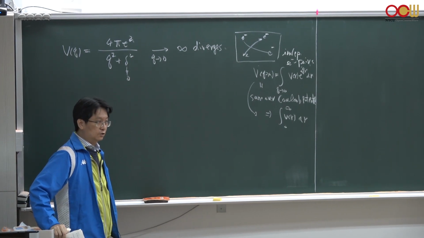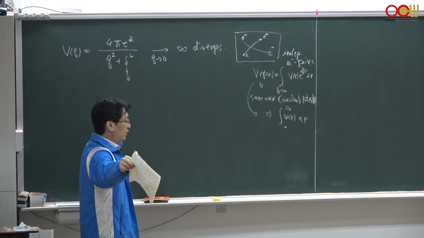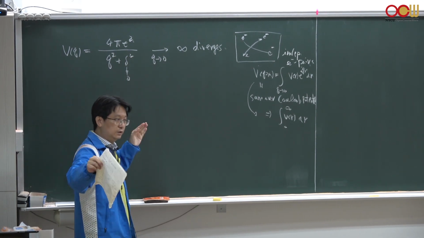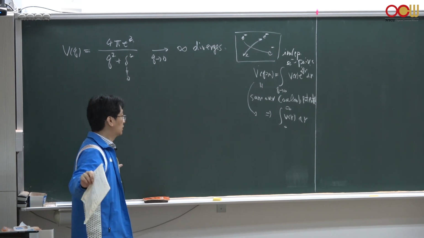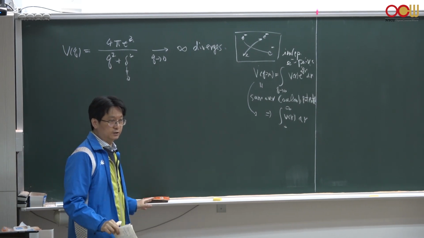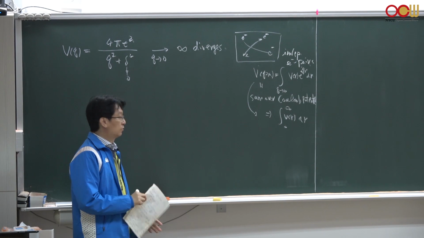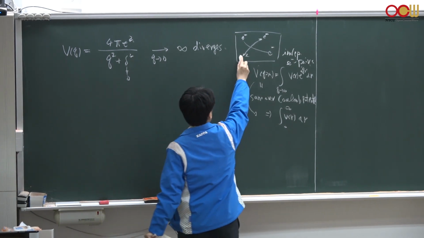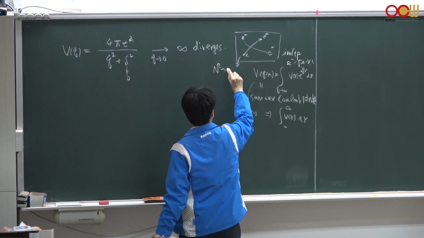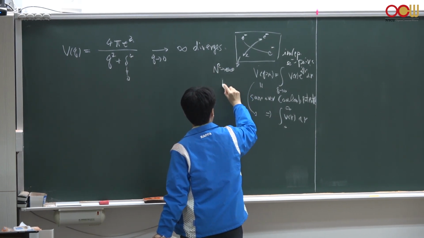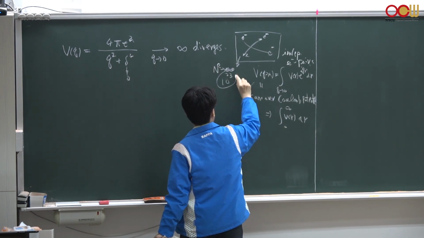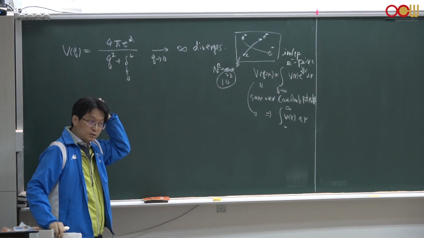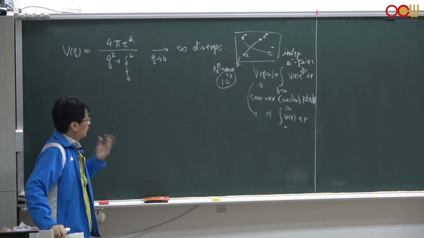If these two electrons, no matter how far away they are, still feel this Coulomb potential, and you add up all these Coulomb energies, you should get infinity. That's for sure. The reason is that in the thermodynamic limit, the number of electrons goes to infinity. Of course, not literally infinity, but it's that much, 10 to the 23rd electrons, so this is considered as infinity.